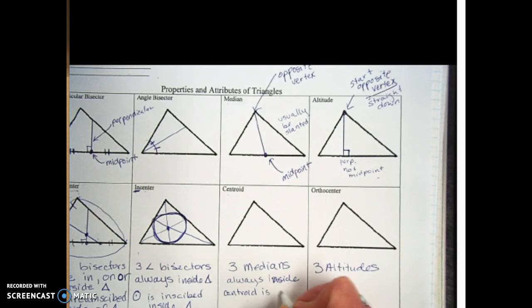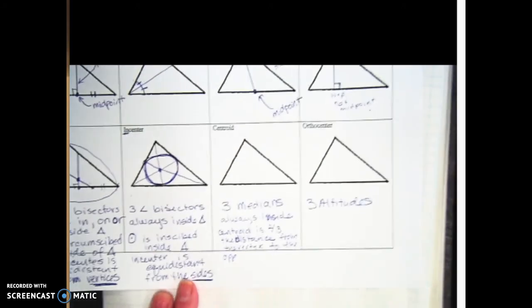It's going to be 2/3 the distance from the vertex to the opposite side. Make it larger too.